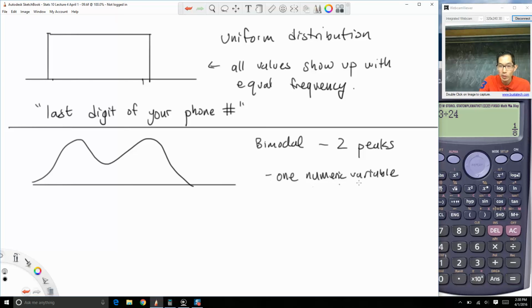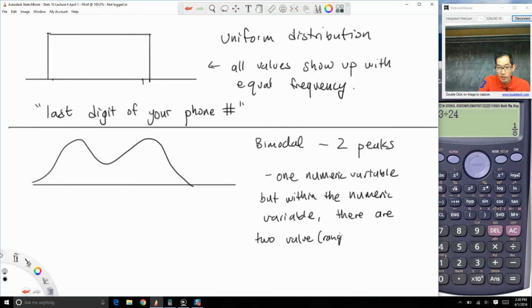Okay, one numeric variable, but within the numeric variable, there are 2 values, or ranges, that are quite common compared to others.